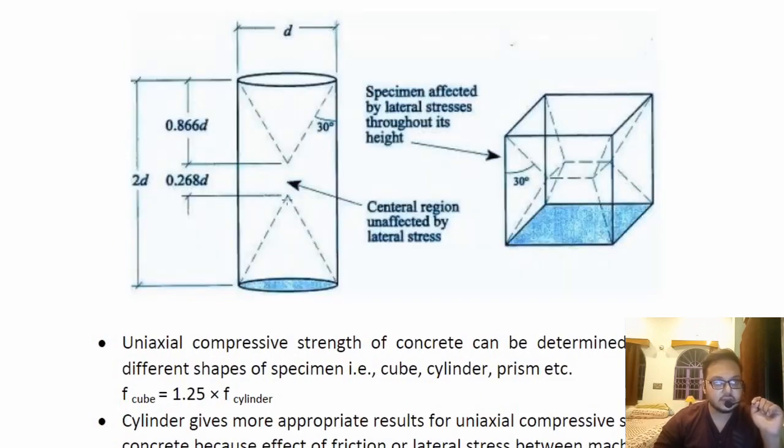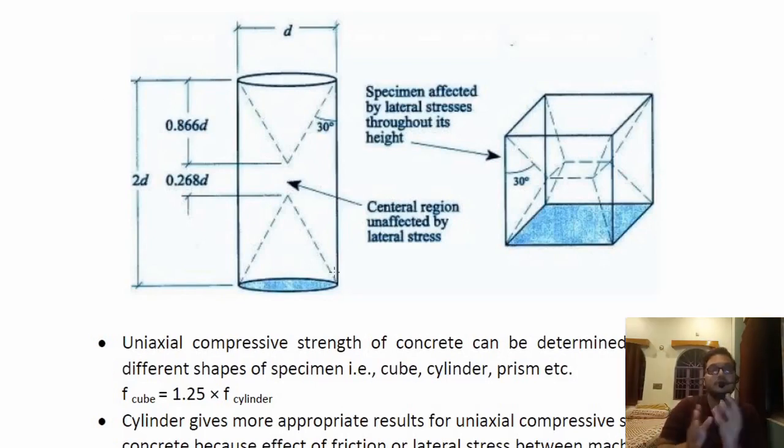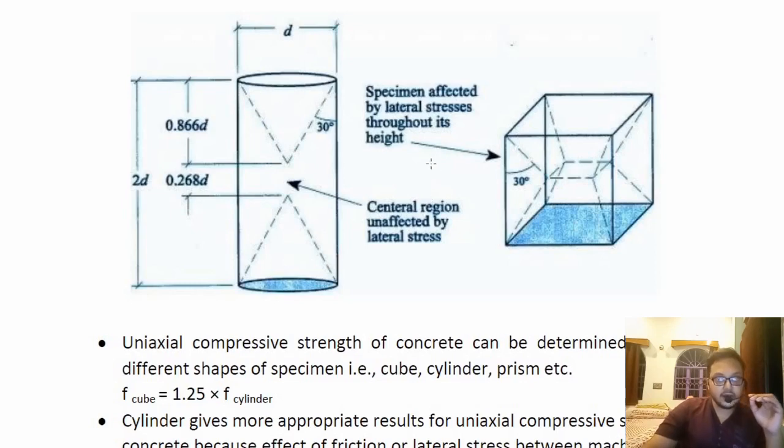These dotted lines represent the area of the lateral stress distribution. This is the area which is affected by the lateral stresses. If you see the cylinder, only this much and this much is affected by the lateral stresses, whereas for a cube this much is the area or volume affected by these lateral stresses.